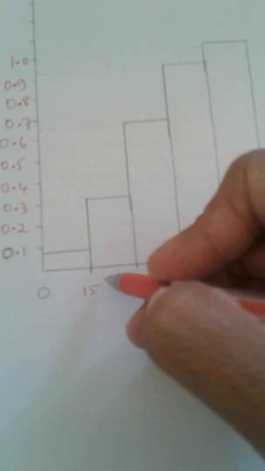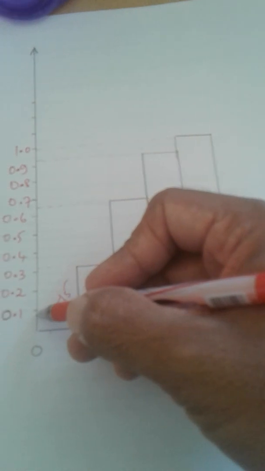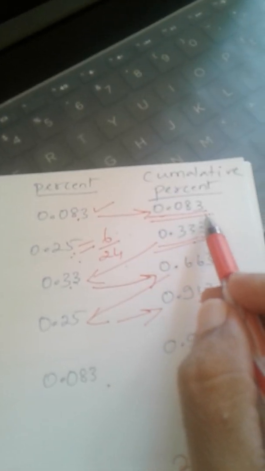On the x-axis there is the class interval, that is 0 to 15, or 0 to 14.99. For that, the cumulative percentage was 0.083.